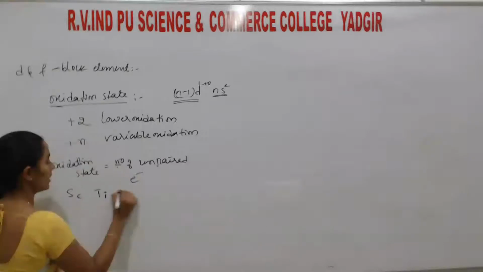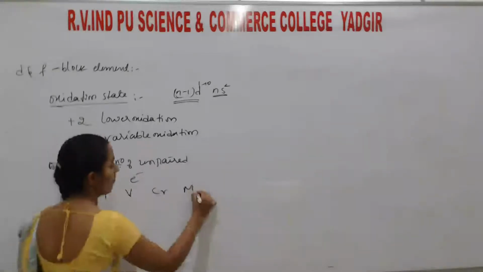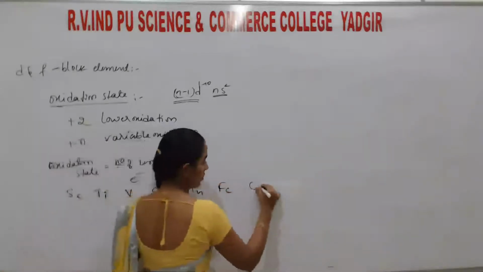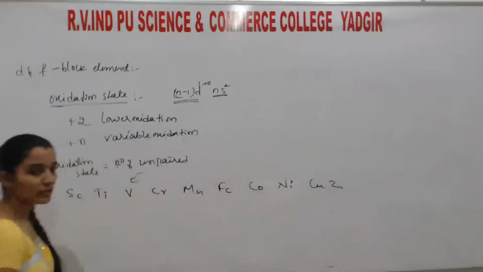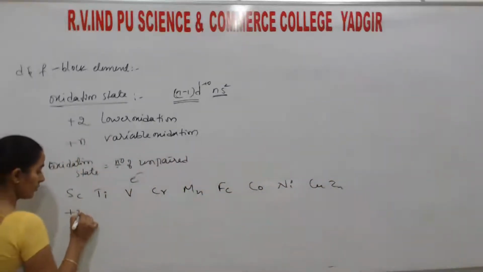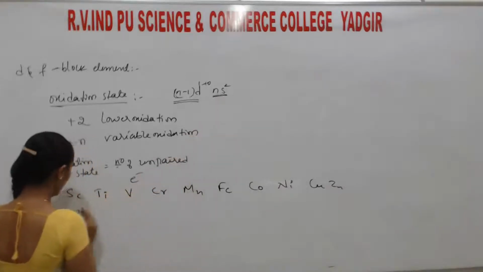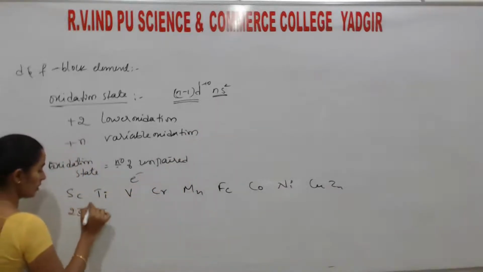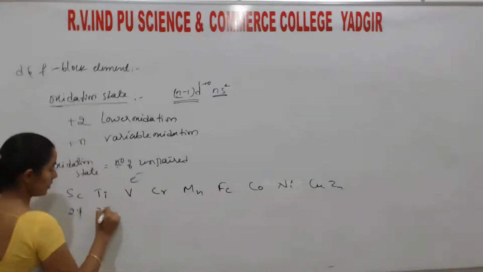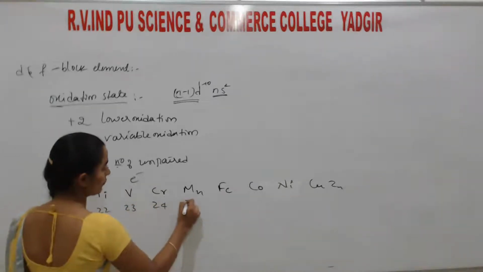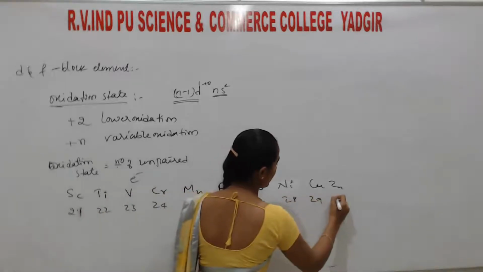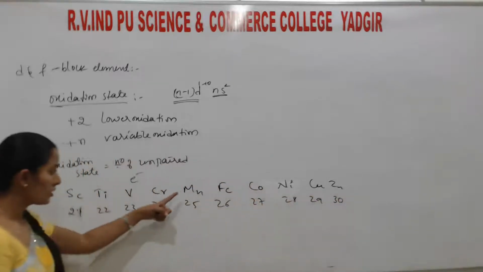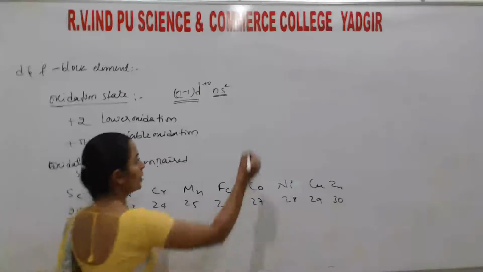Oxidation state: vanadium, chromium, manganese, iron, cobalt, nickel, copper. I'll take the last configuration for all. This is +2. Atomic numbers are 21, 22, 23, 24, 25, 26, 27, 28, 29, 30. Remember, students, I will consider only these two.